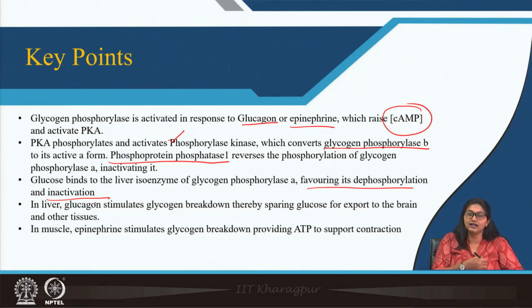Whereas in muscle, epinephrine stimulates glycogenolysis, and that glycogen breakdown forms glucose 6-phosphate, which finally provides ATP to support contraction. So, this is about the regulation of glycogenolysis or glycogen breakdown.